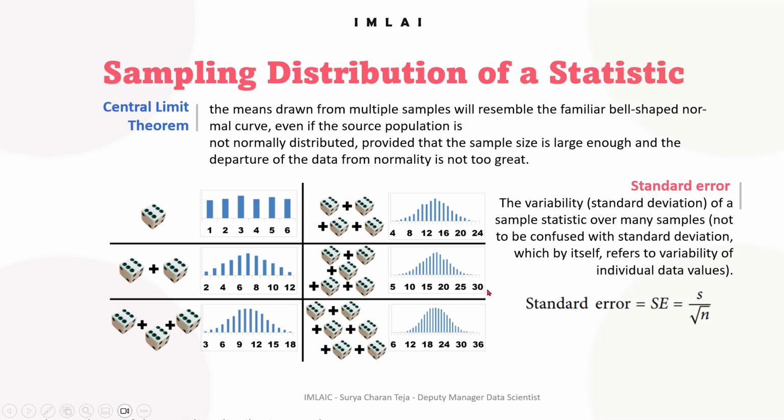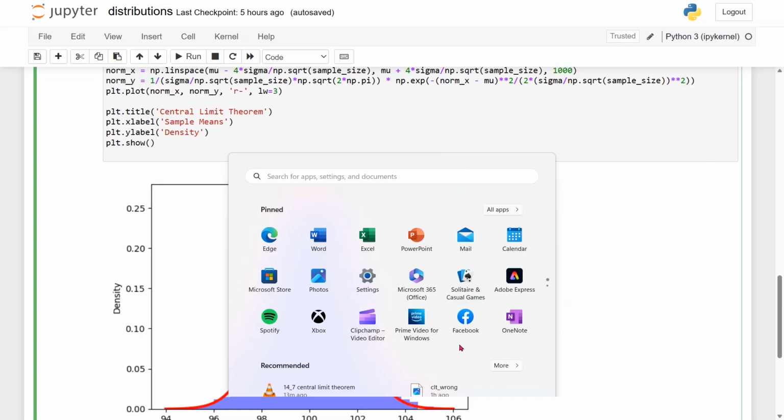So the relationship between standard error and sample size is sometimes referred to as the square root of n rule. Let me put it in writing.